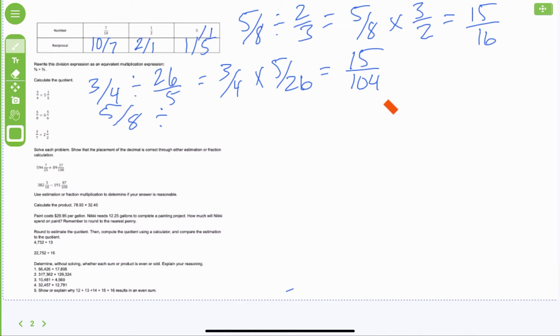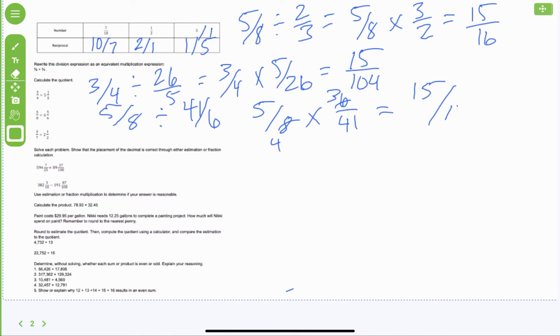So that was 41/6. So now we got to flip it. Yeah, we can reduce these now. This will reduce down to 4, and this will reduce down to 3. So that's 15 over 164.